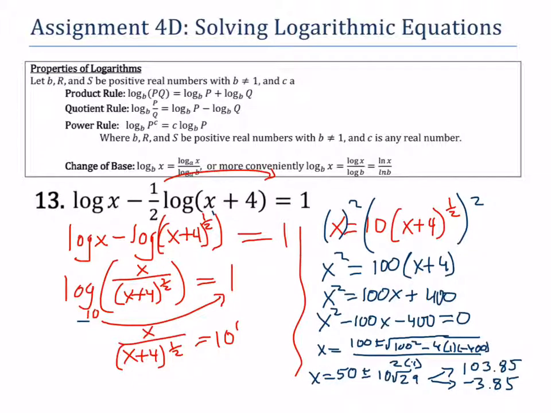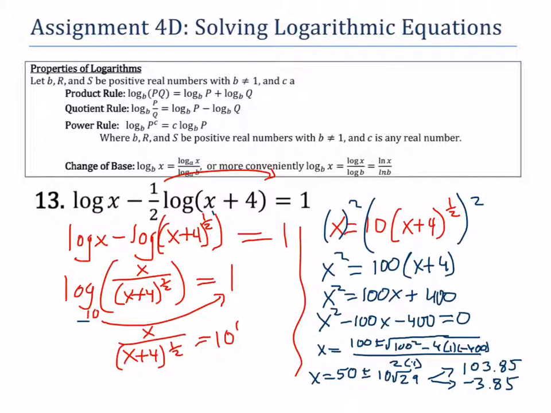Now we've got to check one more thing here. If we take 103.85 and plug it back in, is that okay? Yes, it is. You can find the logarithm of 103 plus 4, and you can find the log of 103, no problem. But if you take negative 3.85 and plug that in, it doesn't cause a problem here, but over here we try to find the logarithm of negative 3.85, and you can't do it.